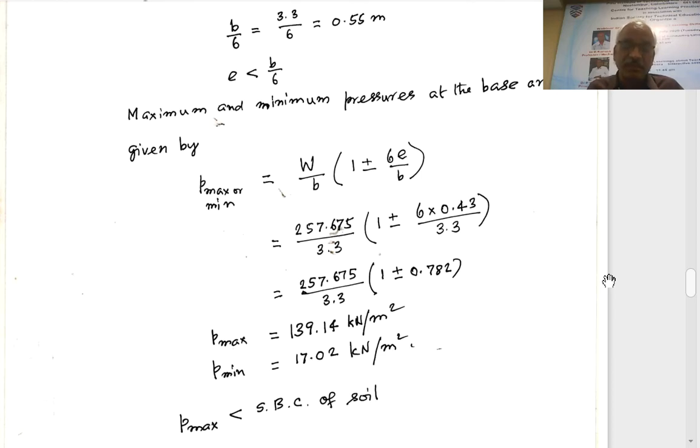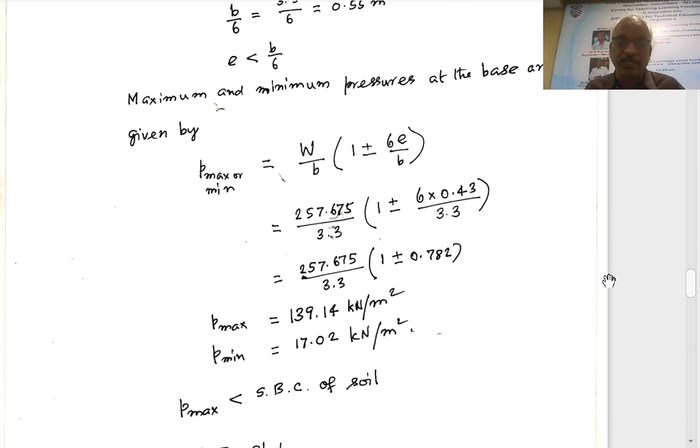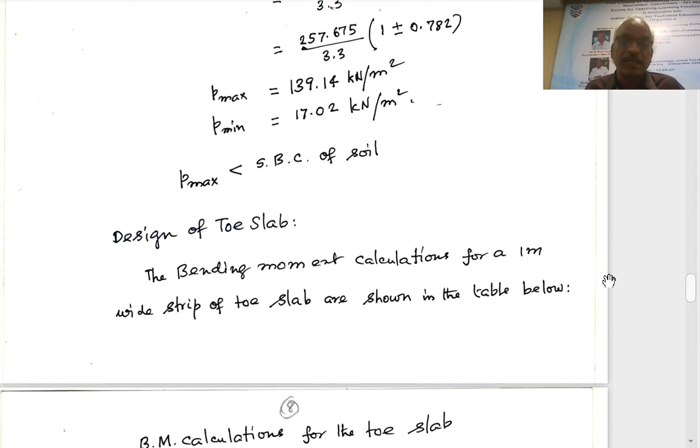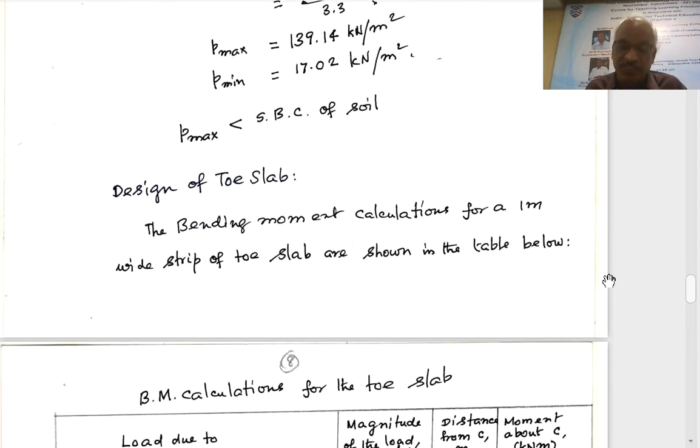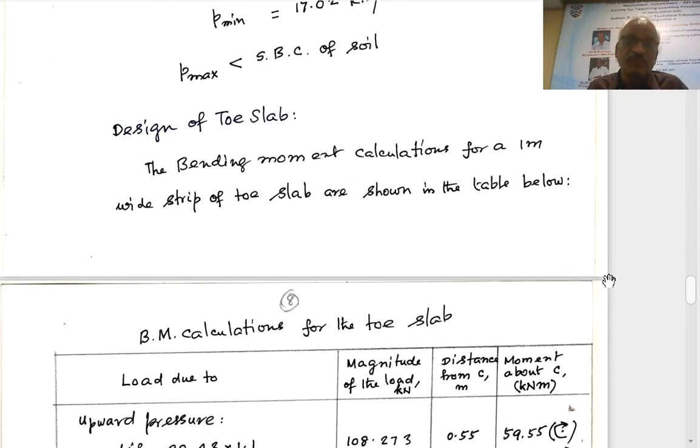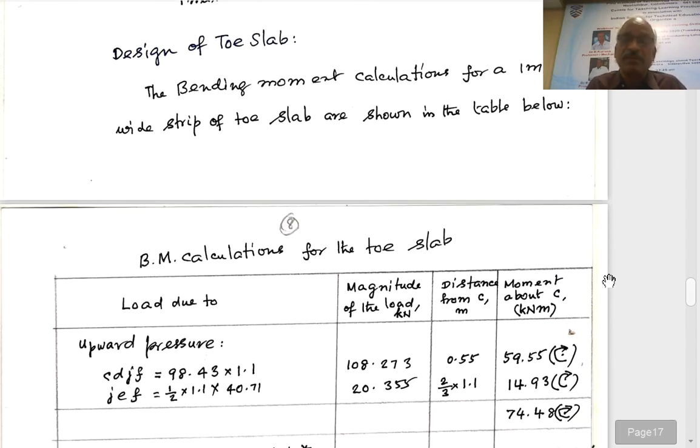We find that the maximum pressure is 139, which is less than the safe bearing capacity of soil. I think the safe bearing capacity of soil is 220 kilonewton per square meter. So it is less than that. It should not be more than that. So that is why we check this also, right? So 139, right?